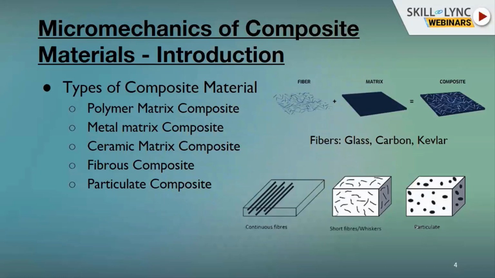For example, among the different fibers used in various composite materials are glass based fibers. We have E-glass fibers, which are called electronic grade fibers. Many of you might have seen various electronic components which have a board.